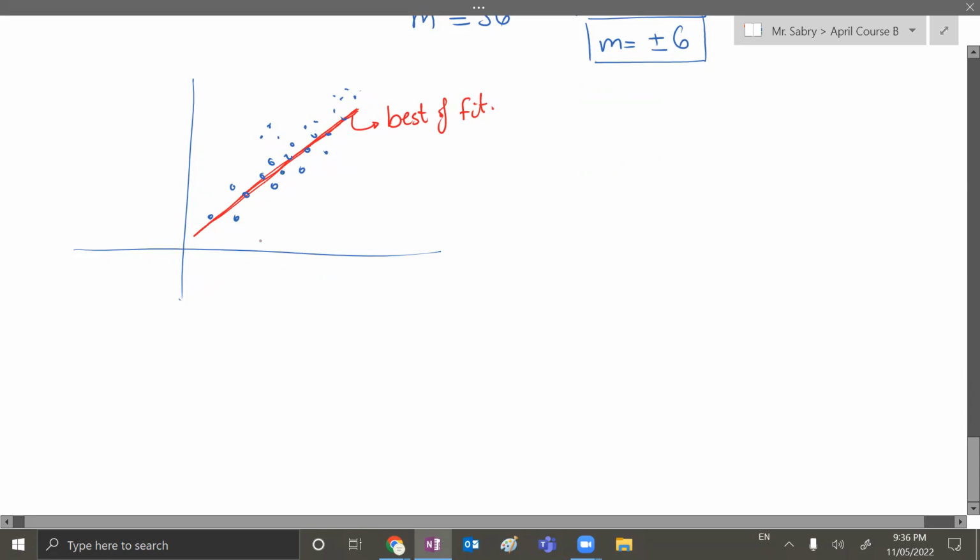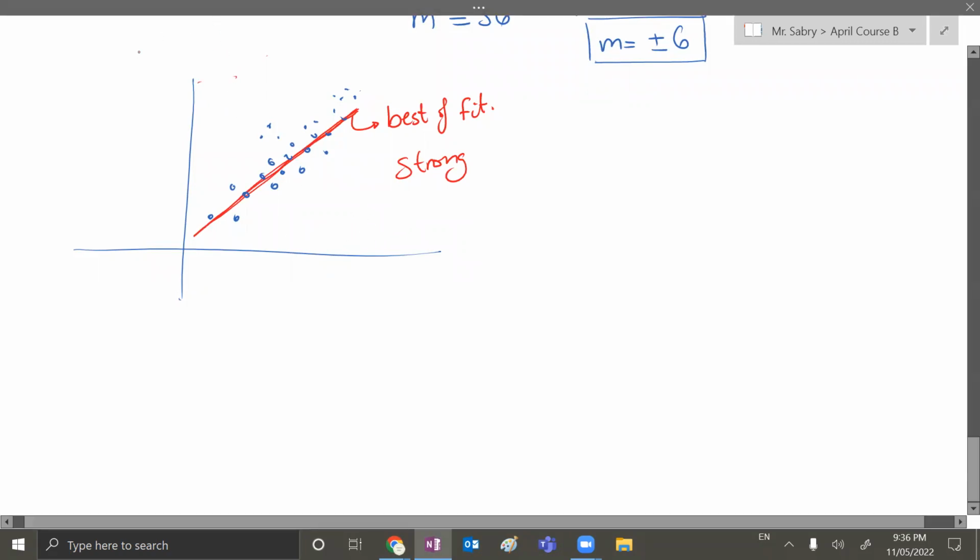If the points are close to the line of best fit, then this is a strong relationship. So if the points are close to the line, not very far away, then this is a strong relationship.